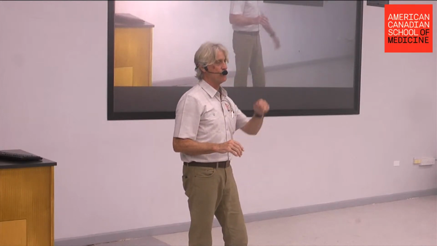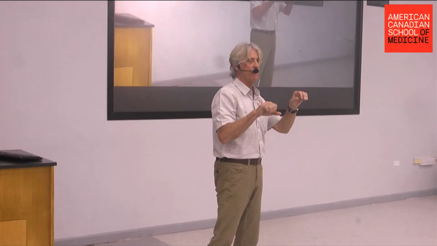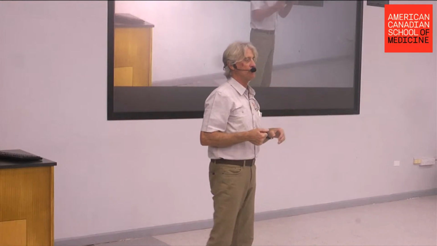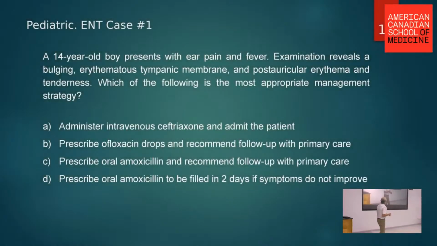A lot of times your otoscope will have a little bulb on it and you can give a little jet of air in there, and the normal response of the eardrum is that you can see it flex a little bit. If you don't see that, that means either there's some scarring or maybe there's some fluid behind it. You should also be looking for perforations in the eardrum.